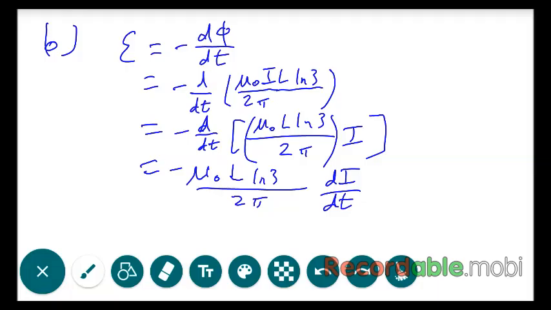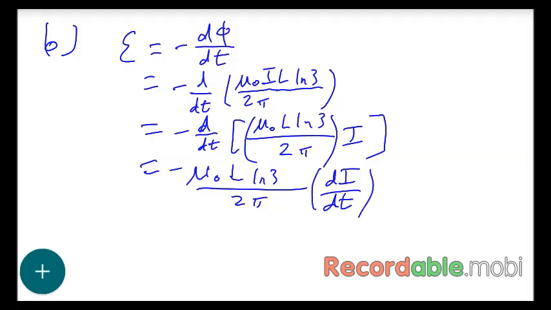Now you can start plugging in numbers at this point, since we know all of our givens. Mu is equal to 4 pi times 10 to the negative 7. L, which is given in the problem, is 30 centimeters, so I'm going to say that's 0.3 meters.